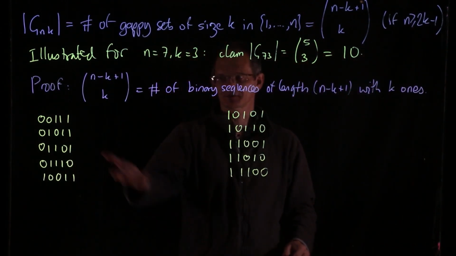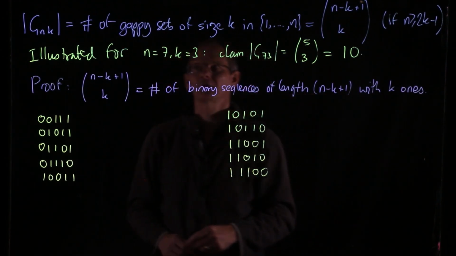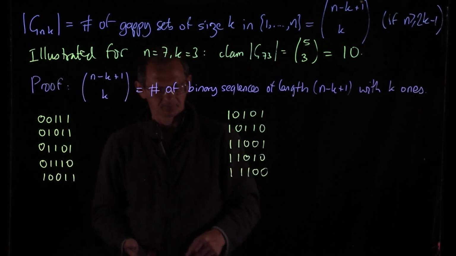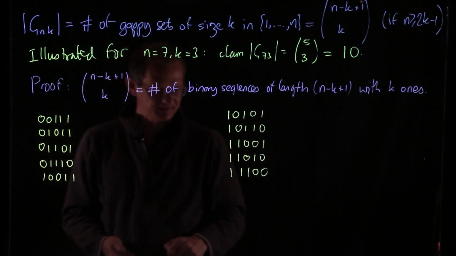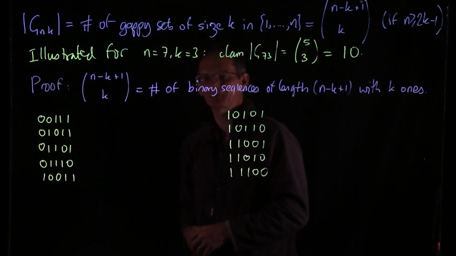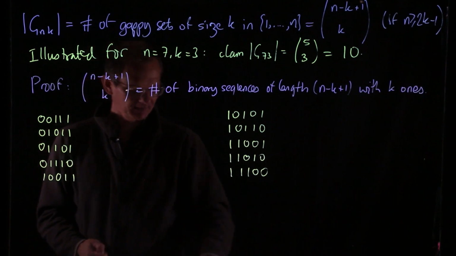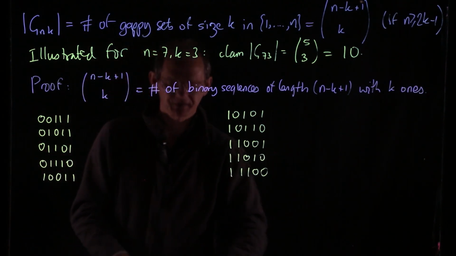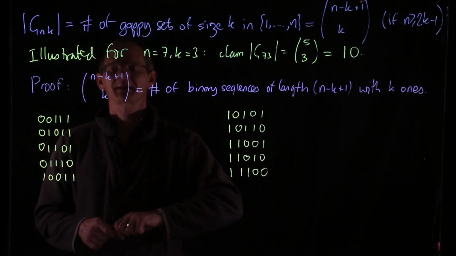These are our binary sequences, and we need to show that they correspond to the gappy sets. Subsets correspond to binary sequences, and gappy sets correspond to binary sequences with no adjacent ones. So for each of these sequences, we can make a gappy sequence of length 7.